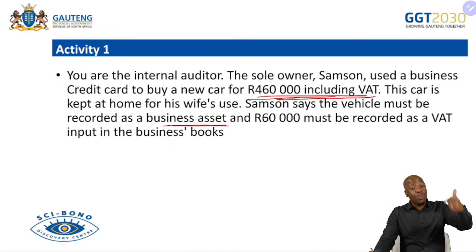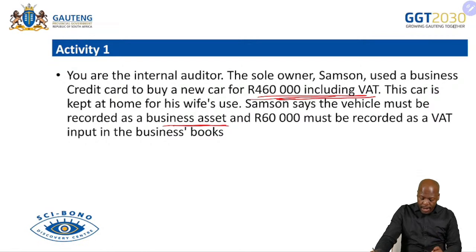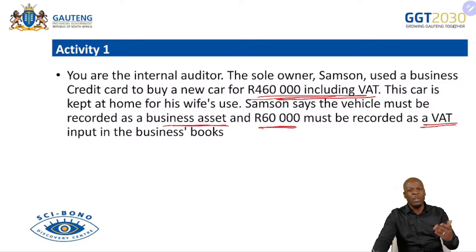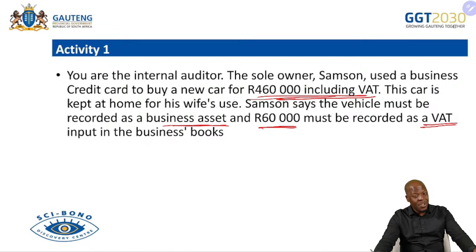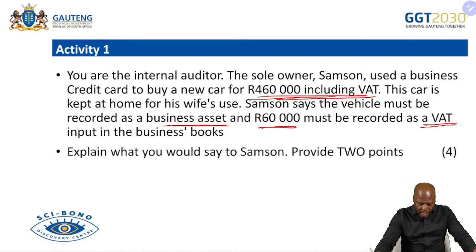But Sampson wants it to be recorded as a business asset. And 60,000 rands must be recorded as VAT input into the books. Already you can see something is not right. Okay. Explain what you would say then to Sampson and provide 2 points.